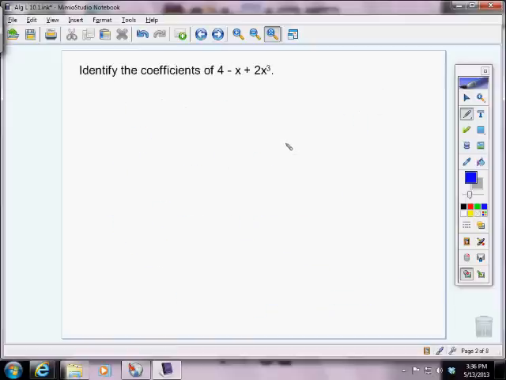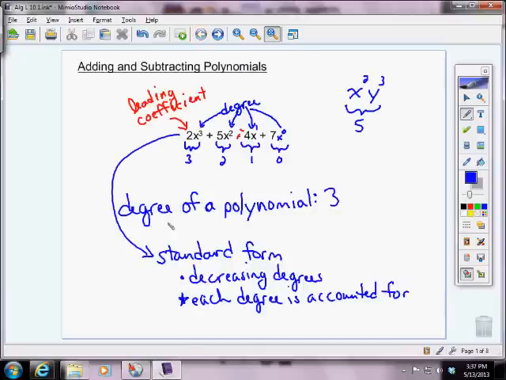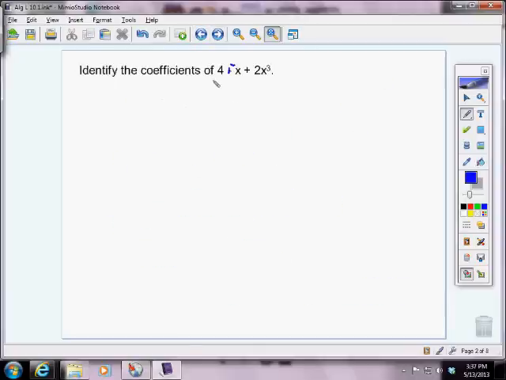Okay, so let's look at an example. This example says identify the coefficients of 4 minus x plus 2x to the third. So let's write this in standard form and account for each degree. Very first thing I'm always going to do is keep, change, and make it all into addition. Now, standard form, we're going to write decreasing degrees. This is a 0 degree because it doesn't have a variable. This is a first degree, and this is a third degree.